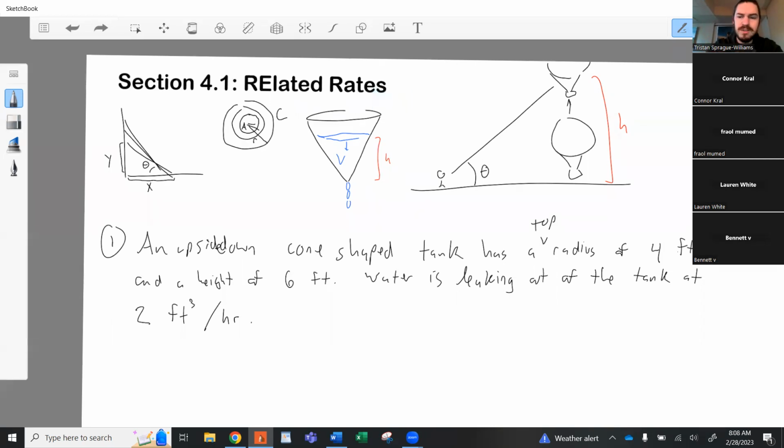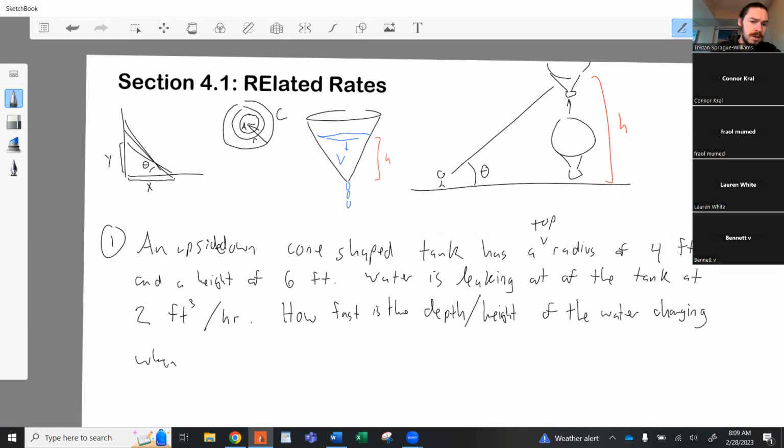I don't know how realistic this is, but that's okay, it doesn't matter. And then the question we're going to ask is, how fast is the depth, or height, whatever you want to call it, of the water changing when the depth of the water in the tank is 3 feet?